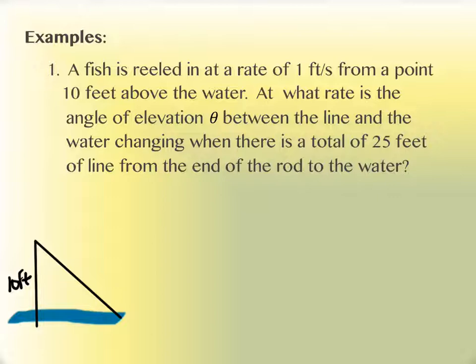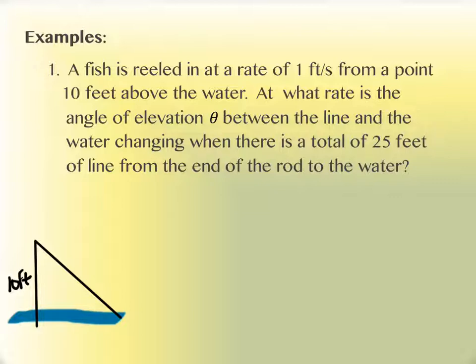However, as I'm reeling the fish in, the line, which is my diagonal line on the screen right here, is changing. As I'm reeling the fish in, this line is moving closer and closer to the vertical 10 feet. Can you picture that happening as you're pulling in a line of string, or in this case a fishing line, that's going to be moving in as you get closer?